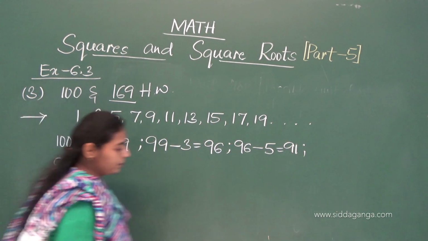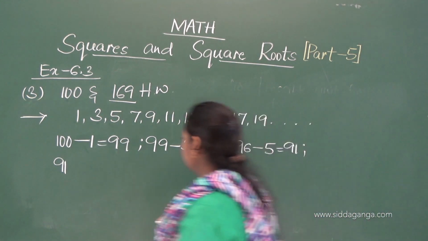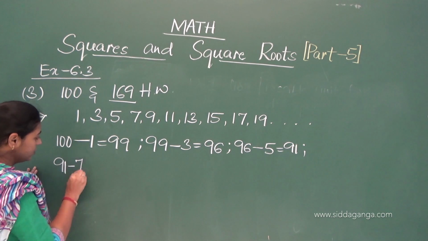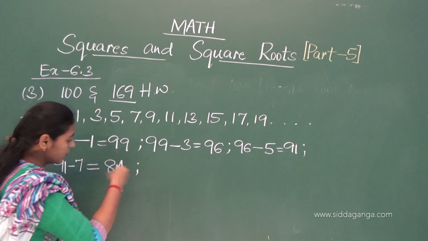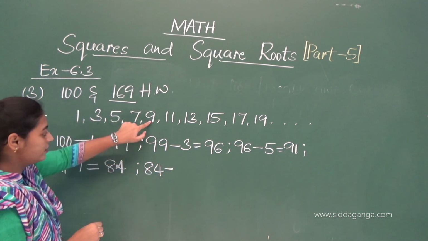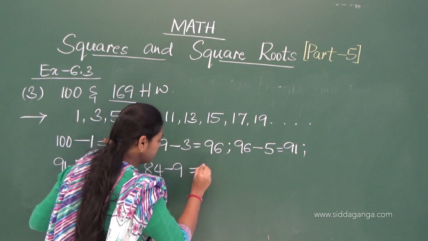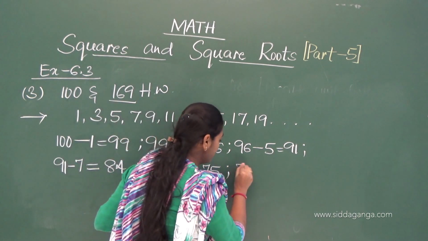Next, 91 minus 7 is equal to 84. Next odd number, 84 minus 9 is equal to 75. Again repeat this step.